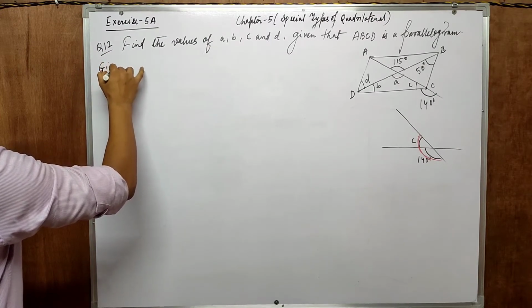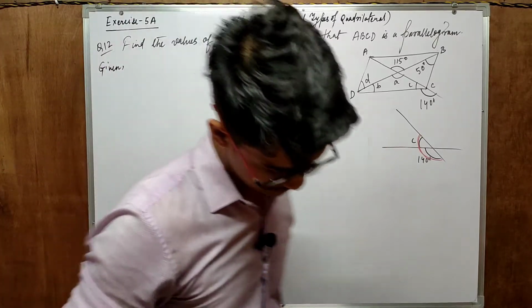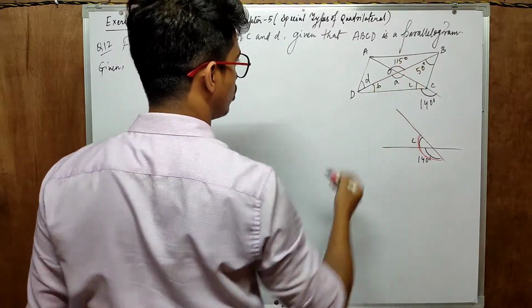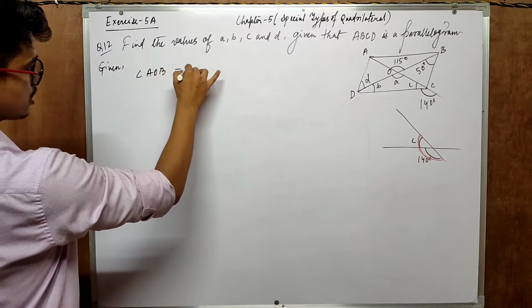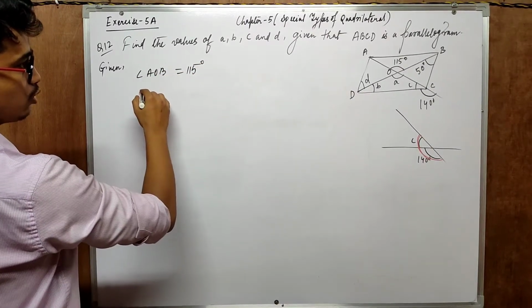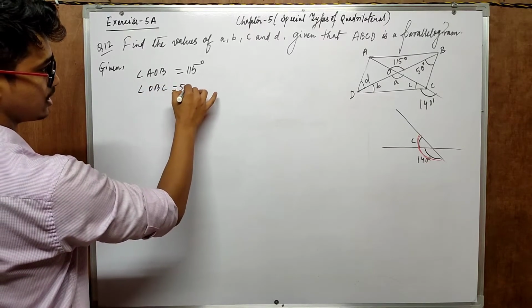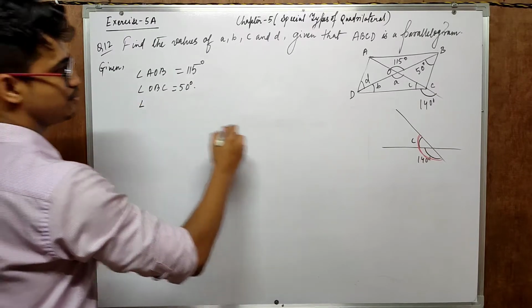All right, so in the solution part, let me just start. Given, which one is given? That is in the figure, this portion. Let's say I have just created O over here. So angle AOB equals 115 degrees, and then OBC equals 50 degrees.